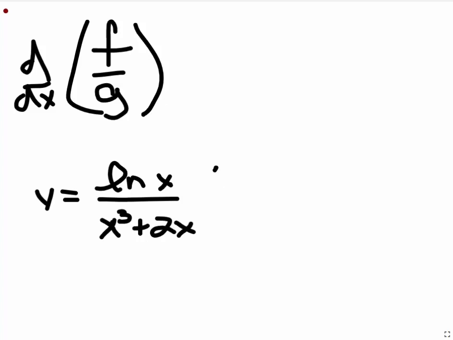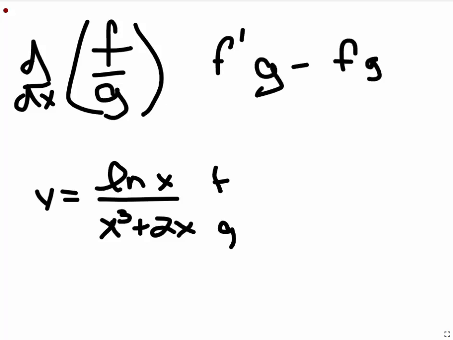So this is f and this is g. The quotient rule is similar, except it uses minus, so it's f prime g minus f g prime. And then you have to divide it all by g squared.